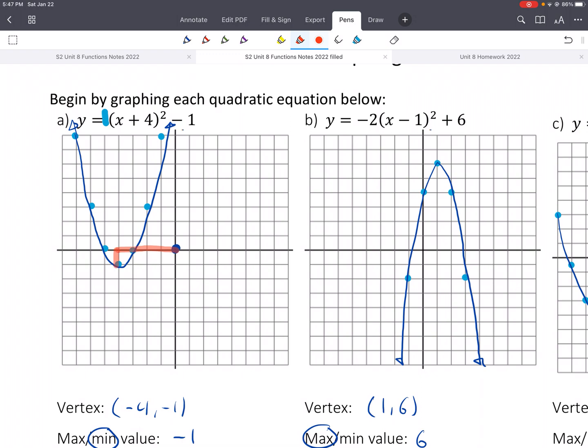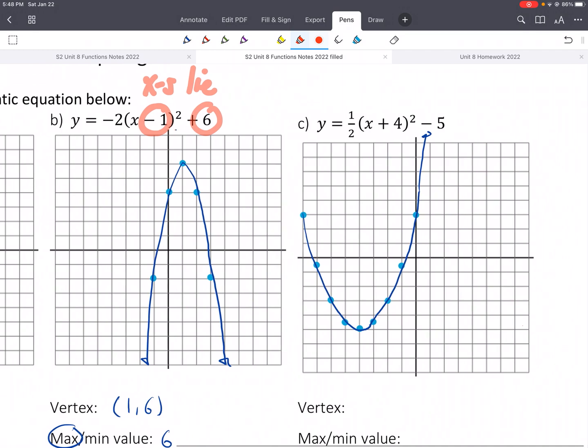So that's basically what we'll say with our transformations, all right? So for this example, this is making it go right 1, because x's lie. All right, and then K makes it go up 6. All right, here's another example where it's going left 4 and down 5.